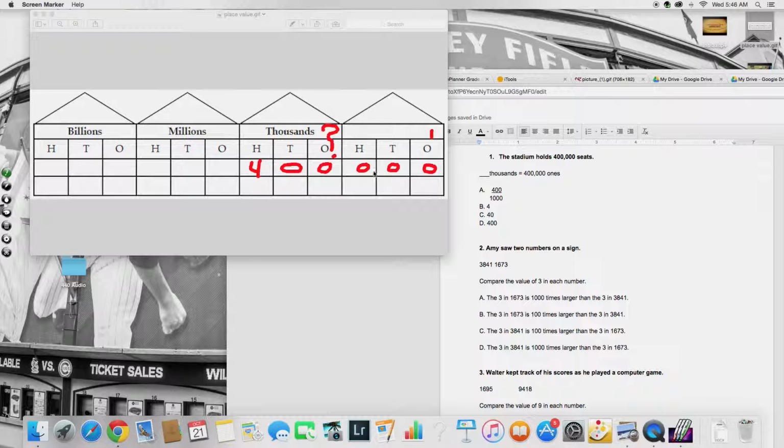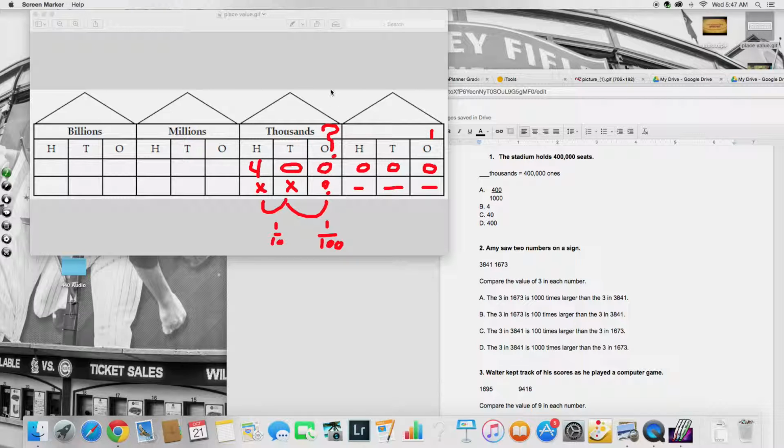So I know 400,000 is 2 place value spots higher, so that means this number is a 1/10 smaller, and then a 100th smaller.